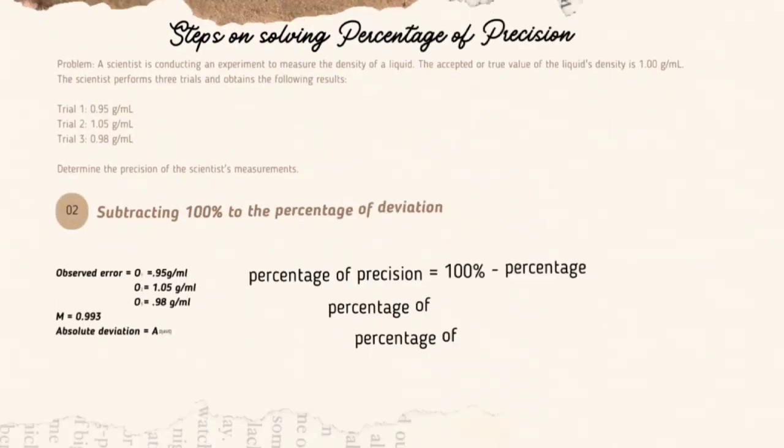It is done by taking the average absolute deviation, which is 0.038, dividing it by the mean, which is 0.993, and multiplying by 100%. So divide it and then multiply by 100, and we get 3.827%.